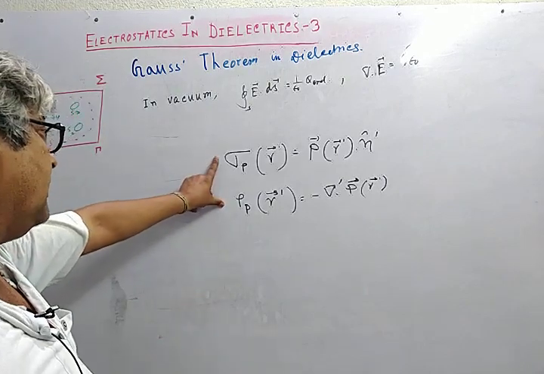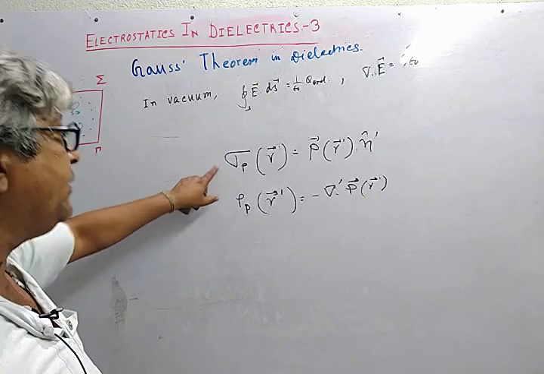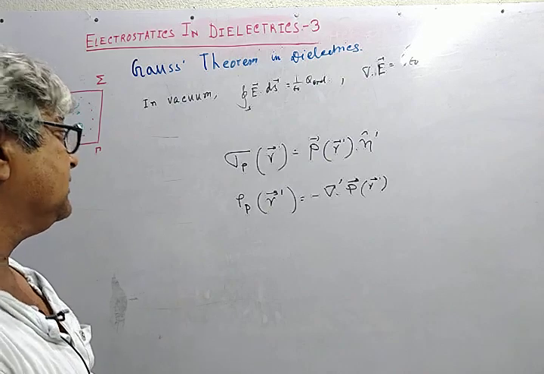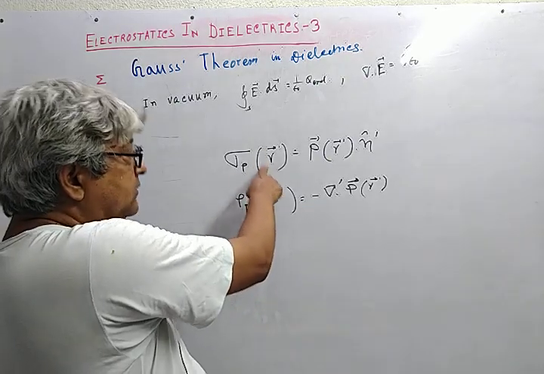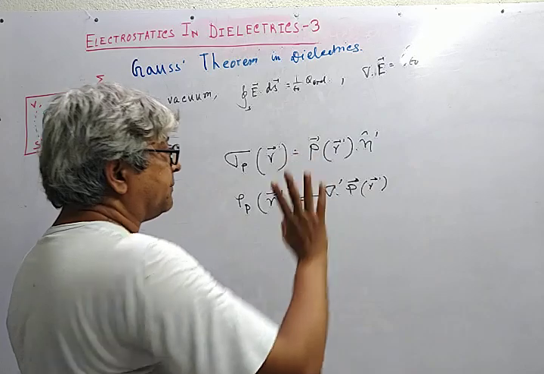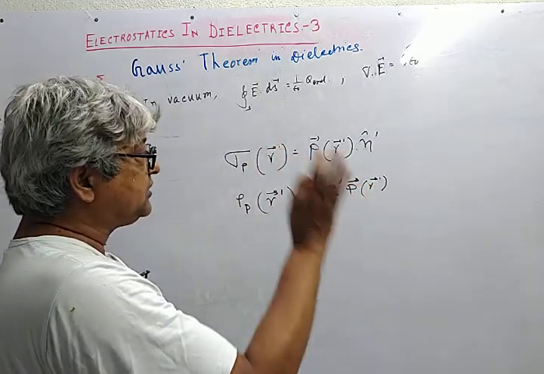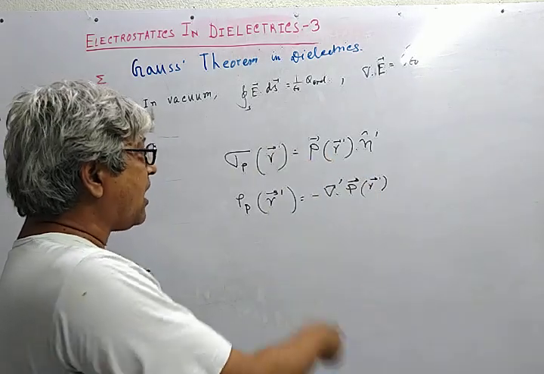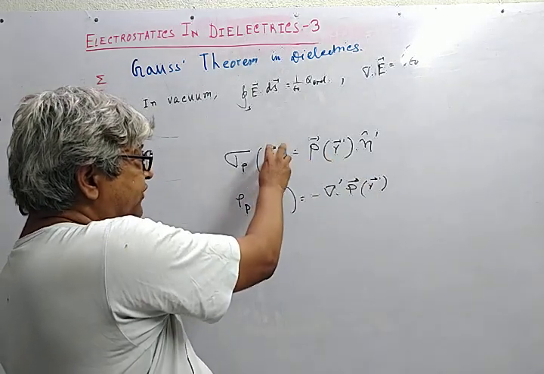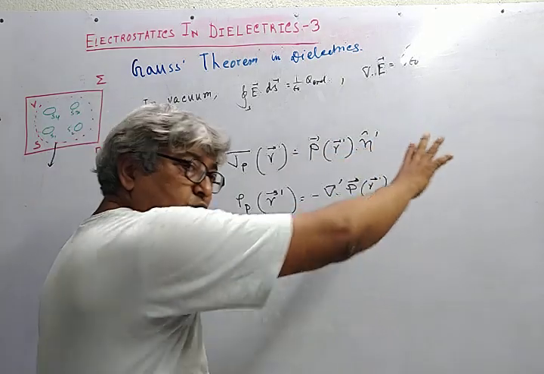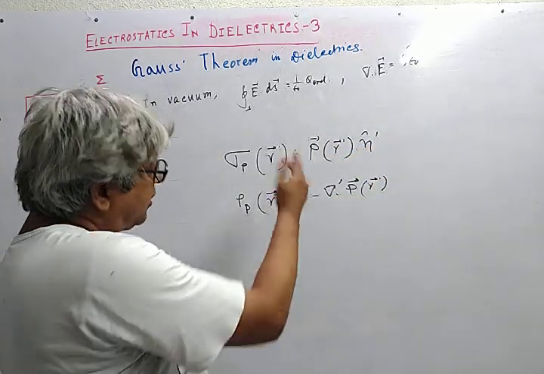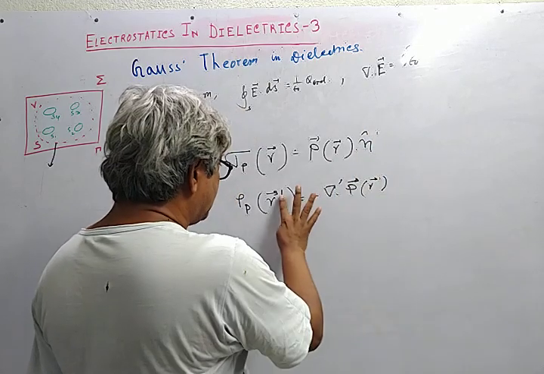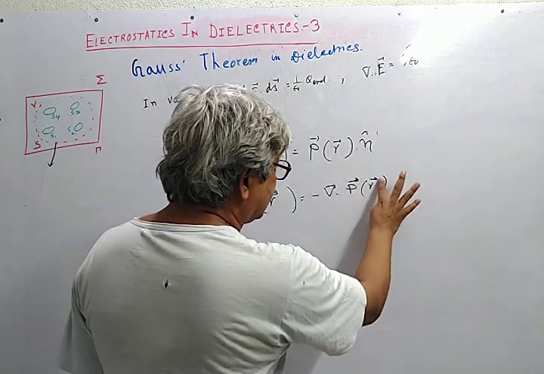First, let me come to these two equations. These are field equations or point equations. Means the left hand side refers to some point and the right hand side refers to the same point. That means if we want to find out the polarization charge density at a point R, then the left hand side refers to the point R and the right hand side also refers to the point R. So keeping the primes, one may not keep the primes and write the equation like this.